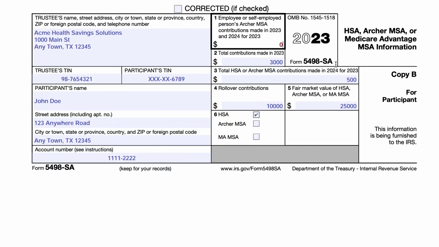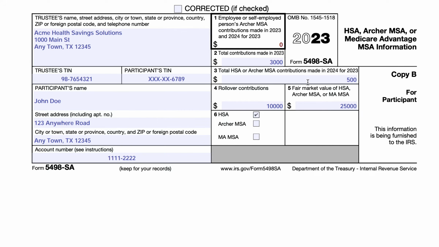The 5498 forms are designed because most taxpayers have the ability to contribute up to the tax filing deadline. So 6 weeks after that due date, that's when these financial institutions are required to issue their form 5498s. Box 4 contains any rollover contributions.